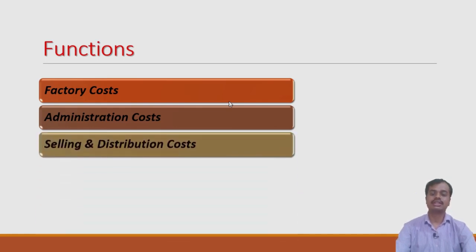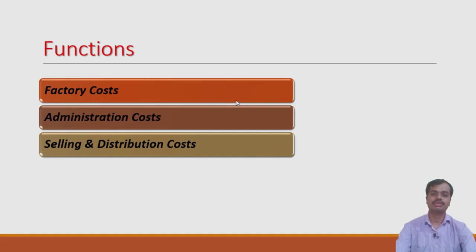Next type is selling and distribution cost. Selling costs are indirect costs relating to selling of products or services and include all indirect costs in sales management for the organization. Distribution costs are the costs incurred in handling a product from the time it is completed in the works until it reaches the ultimate customer.